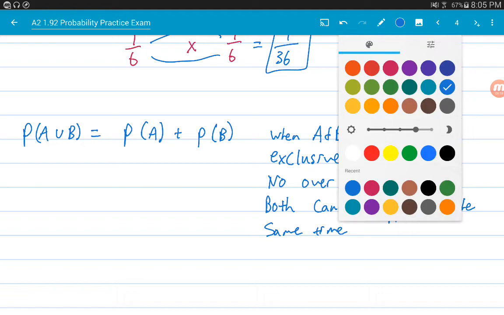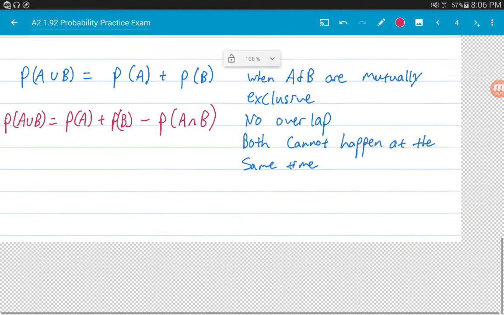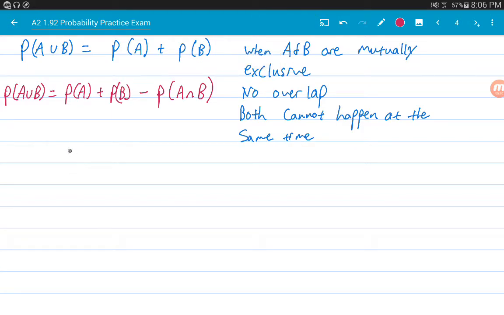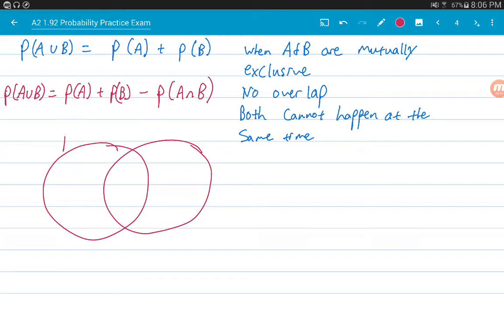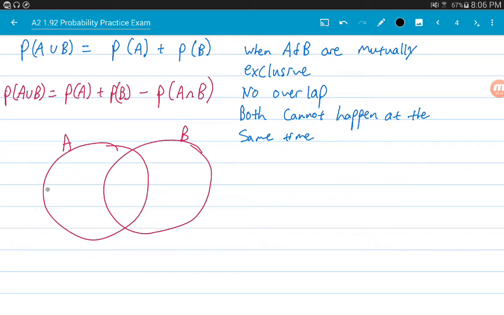If they're not mutually exclusive, then the probability of A or B is equal to the probability of A plus the probability of B minus the intersection, the probability of A intersect B. And the reason why that is because if I had a Venn diagram, this right here will be A, and this right here will be B. I'm going to shade in part A with black.